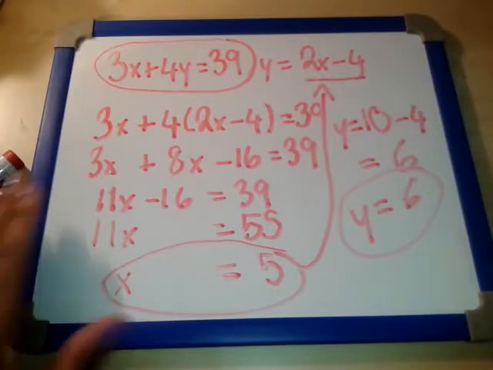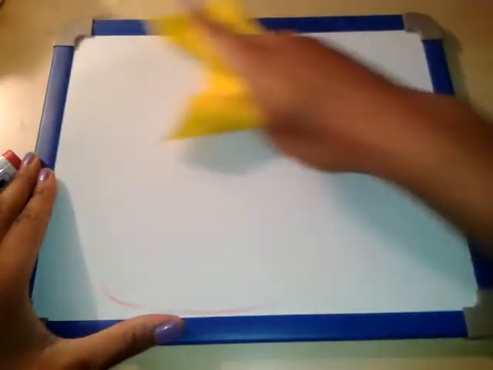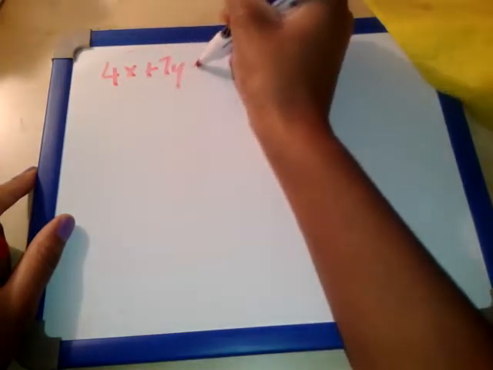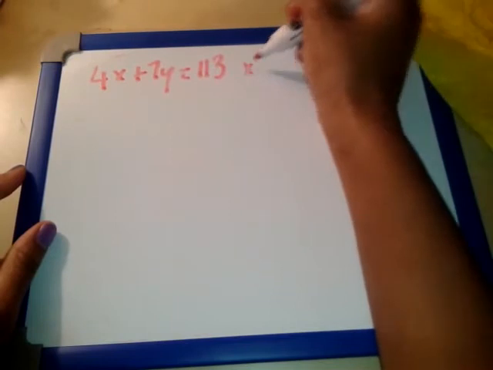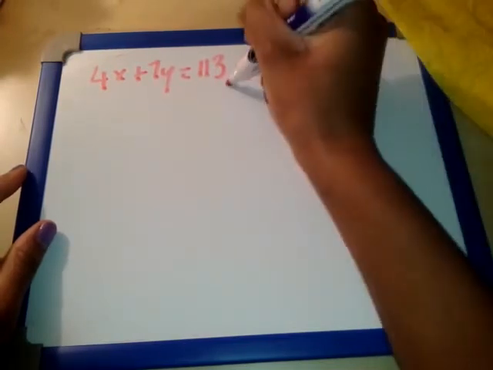Right, so let's take a look at our second example. In our second example, we are solving the simultaneous equations 4x plus 7y equals 113 and x plus y equals 20.